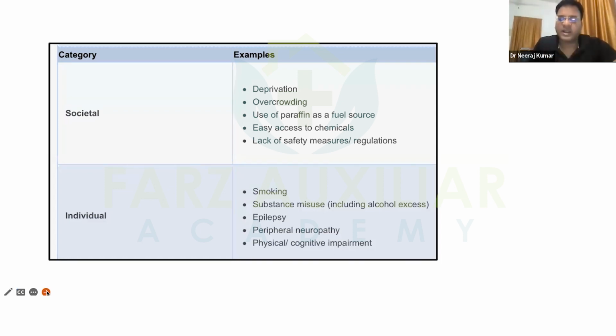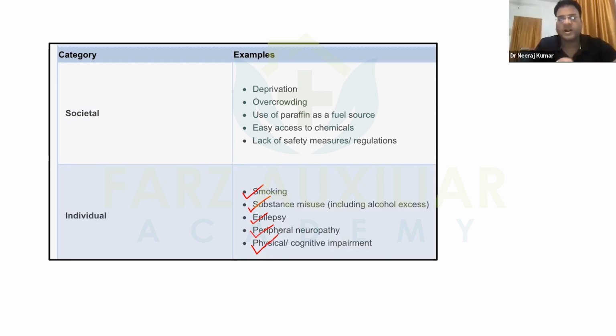And if you talk at the individual level, the importance lies in smoking, substance misuse, or if the patient has epilepsy or some form of peripheral neuropathy or some physical or cognitive impairment.